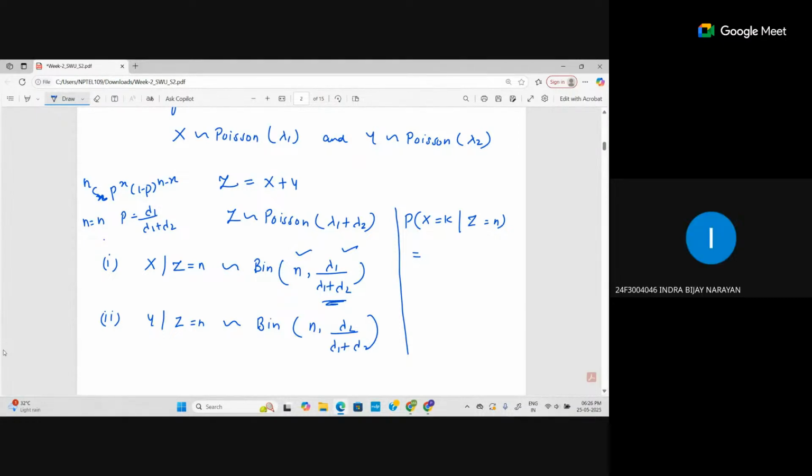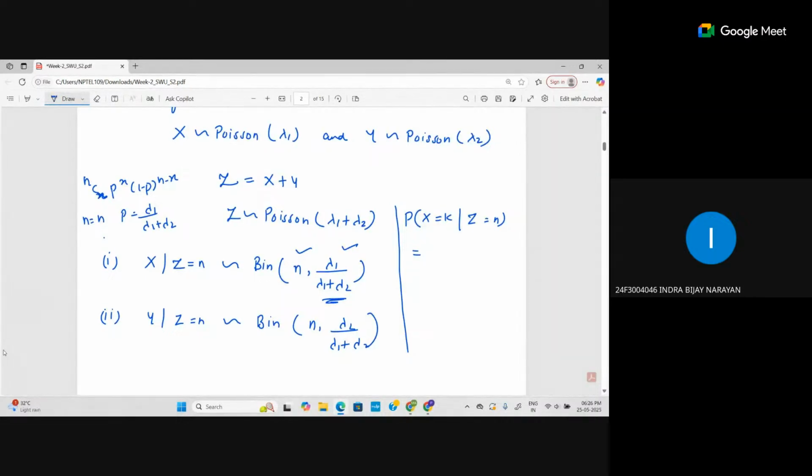Ma'am, this n is constant, is it? Yes, the value of z will be given. Because there was some formula even for the n as well, when the Poisson distribution used to happen, something like e to the power minus lambda into lambda to the power n.